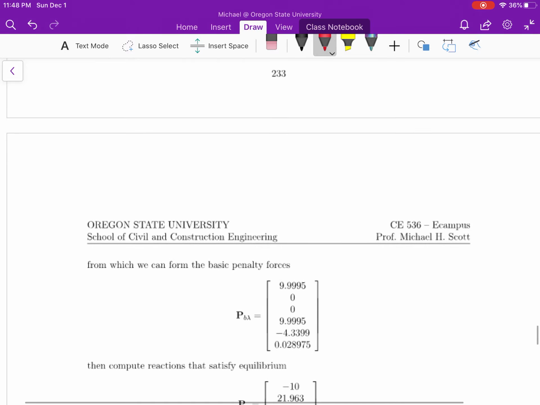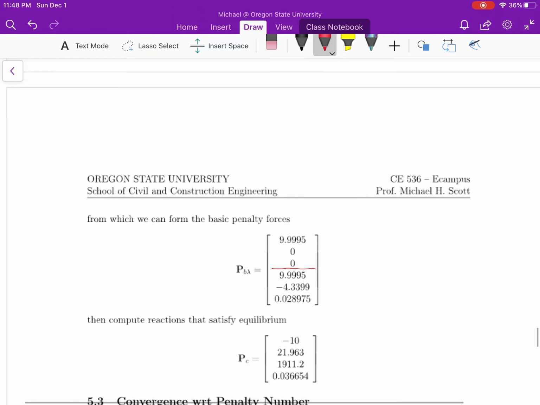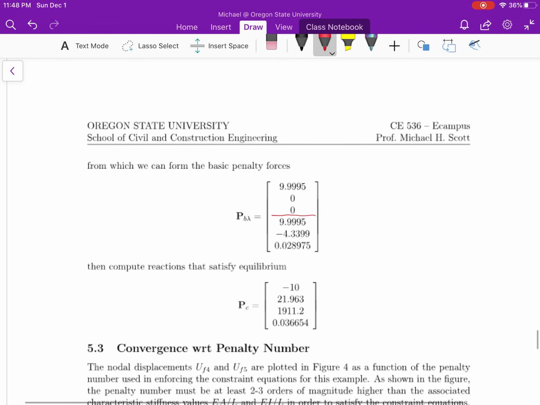Which we can treat as Lagrange multipliers mapping onto each element. So for element 1, there's one constraint, which is axial rigidity, and this is 9.9995 kips.